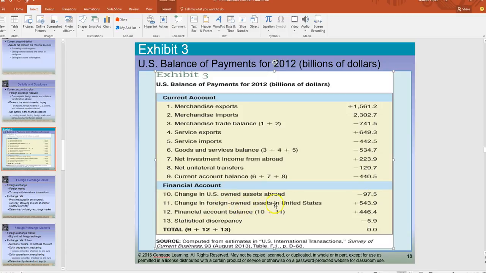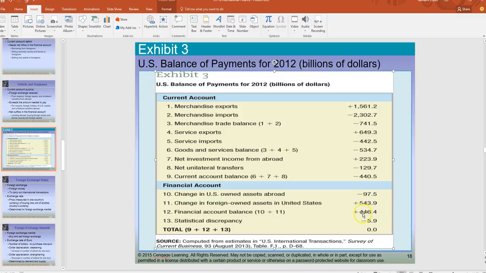Change in foreign owned assets in the United States, plus 543.9. Remember, if we buy an asset abroad, that is negative because the money leaves. But when foreigners purchase our assets, that's a positive, so that's 543.9. Add the two and you get the financial account balance, or the capital account balance, plus 446.4.